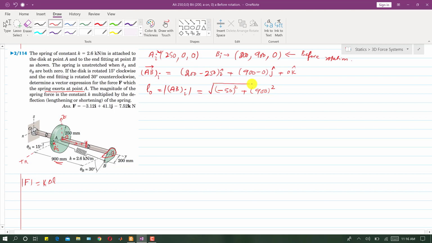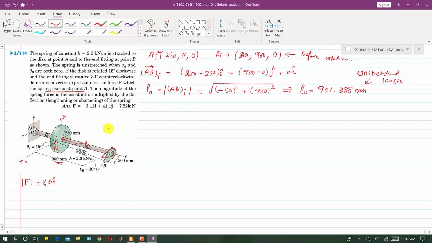So this will be the original unstretched length of the spring, right? This comes out to be 901.388, and this will be in millimeters, right? So this is the original, unstretched length of the spring.